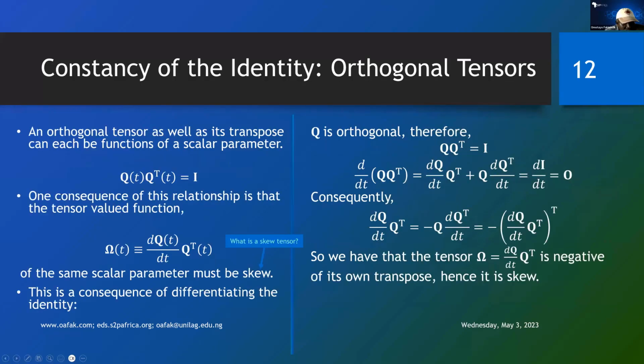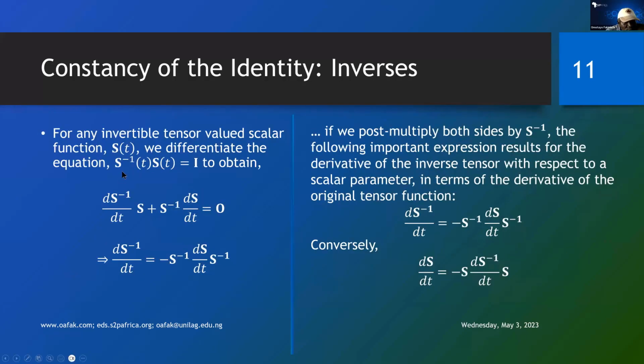We first differentiate the inverse with respect to T, multiplied by S, and then we have S inverse multiplied by the derivative of the tensor itself with respect to T. This has to be 0, because the derivative of the identity with respect to T is 0.